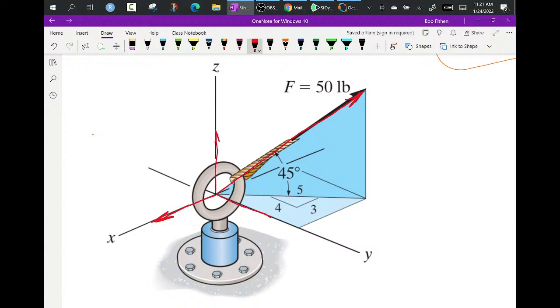Let me make a copy of it and make it larger. So what he's done is he's called this one alpha, this one beta, and this one gamma. So how do we do that? If you look back at the text, it becomes pretty apparent.